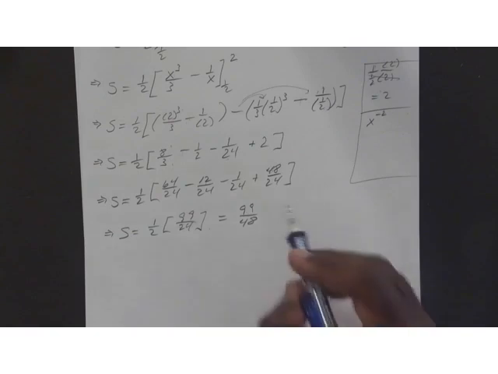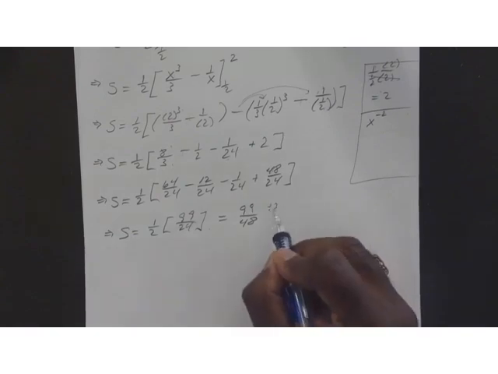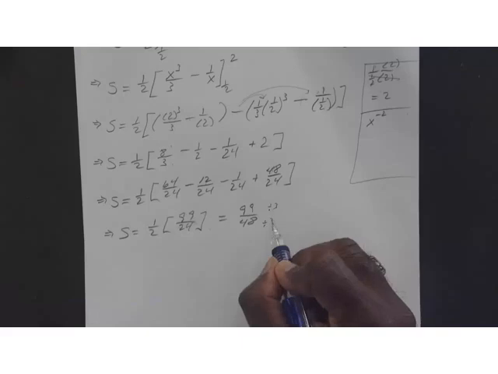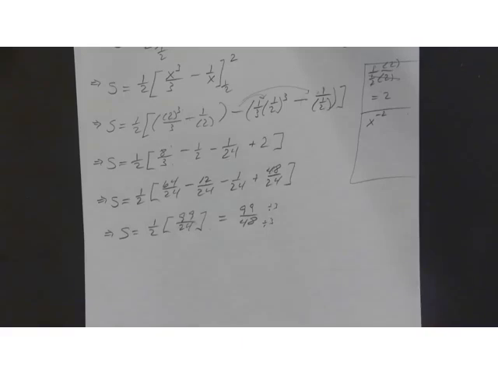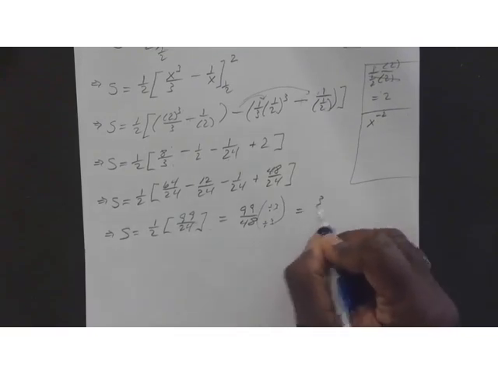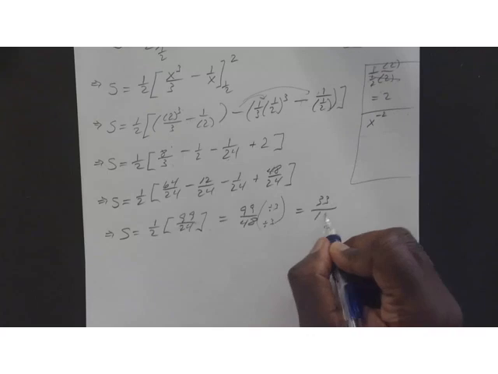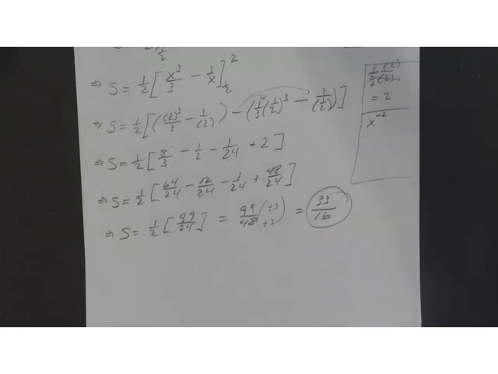Which can be simplified if you divide both by 3. Or multiply by 1/3 over 1/3. And that gives you 33/16 as your final answer.